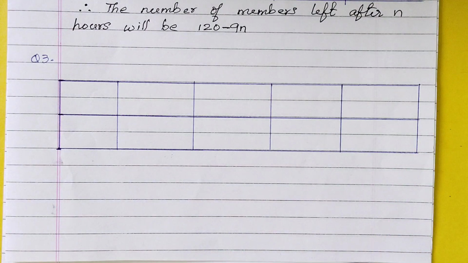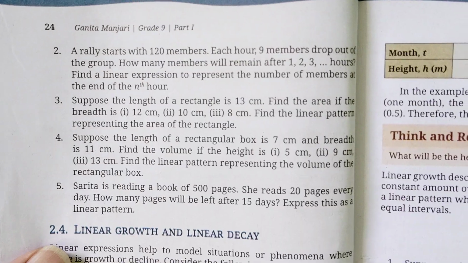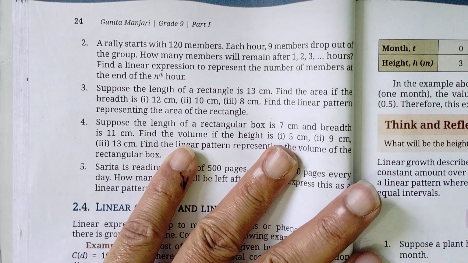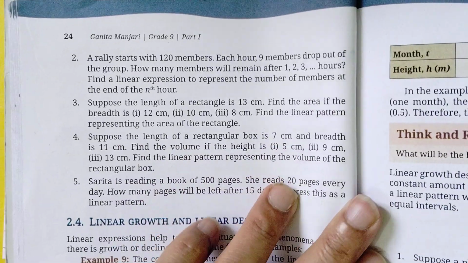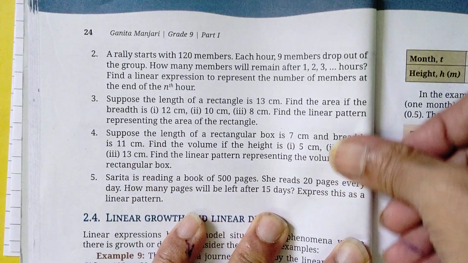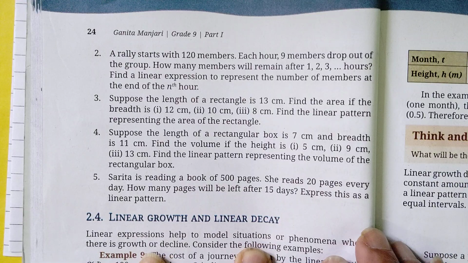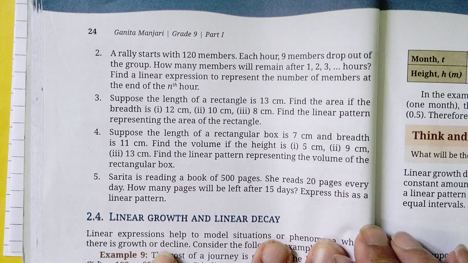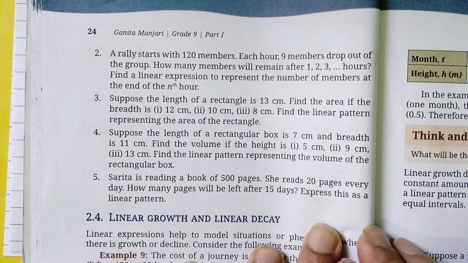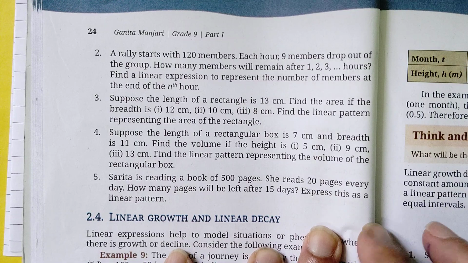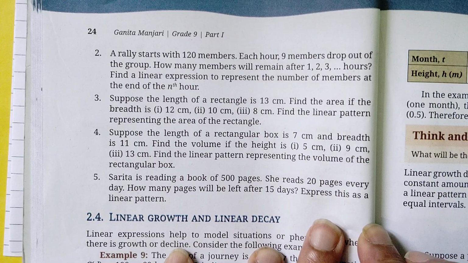The third sum says, suppose the length of a rectangle is 13 centimeters. Find the area if the breadth is 12 centimeters, 10 centimeters, 8 centimeters.